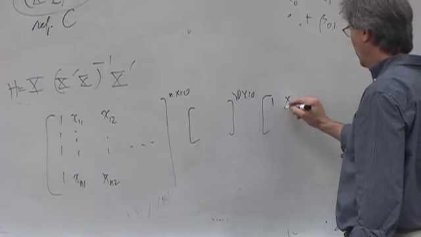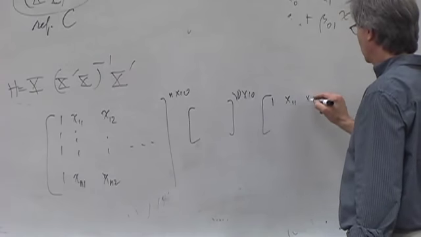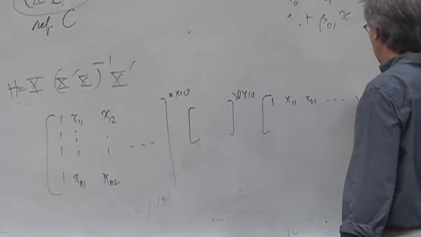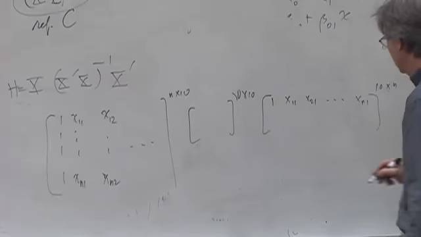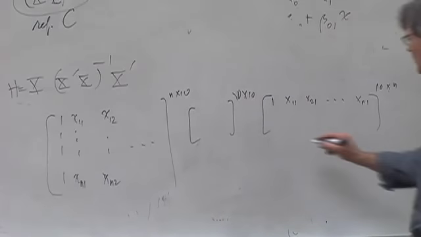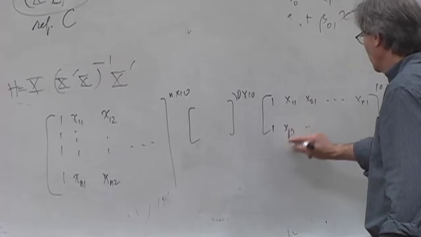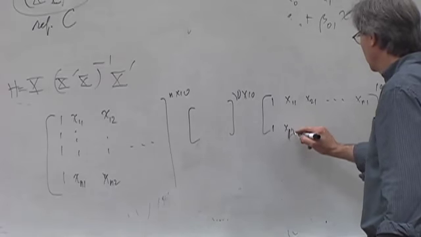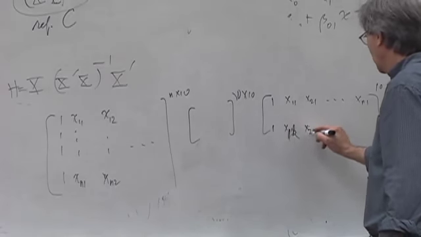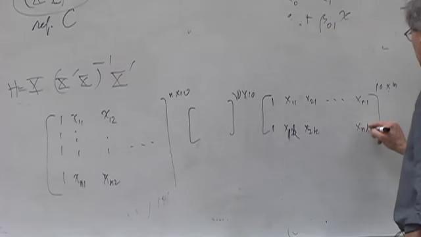This has the 1, x11, x21, down to xn1 over here. And then 1, x1k, x2k, over to xnk over here. The kth regressor. All right.